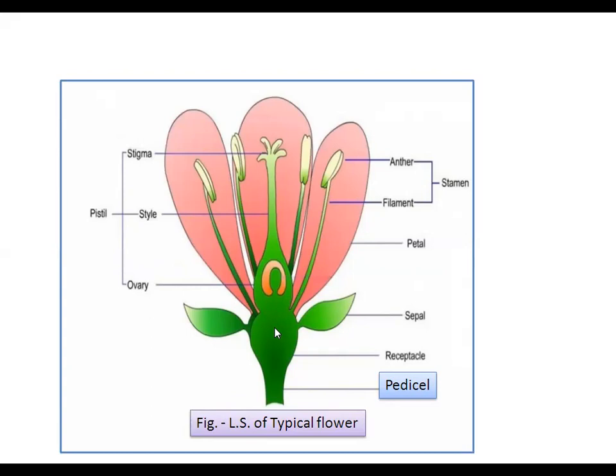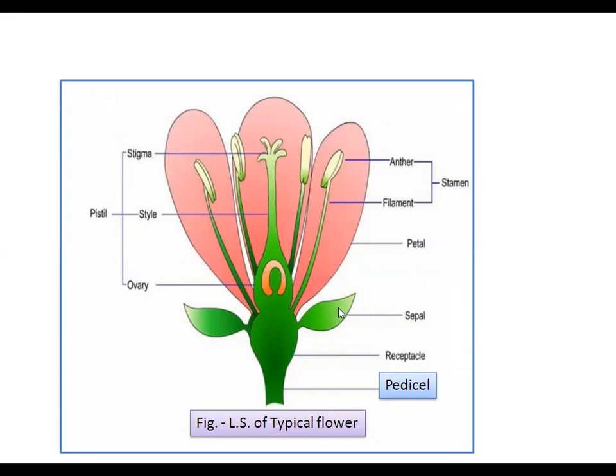So the first floral whorl is called the calyx. The single or individual member of the calyx is called a sepal. The calyx is green in color, performs photosynthesis, and protects the inner floral whorls in bud condition.